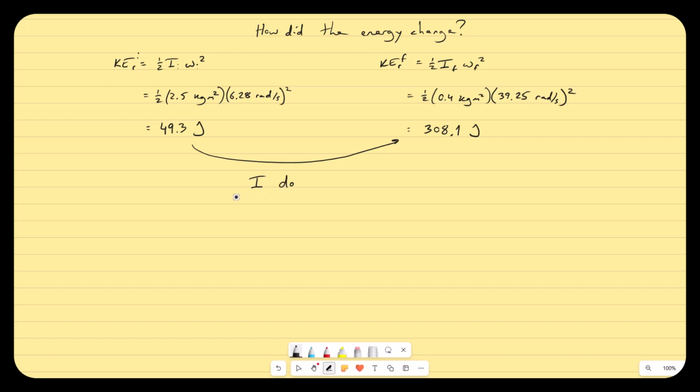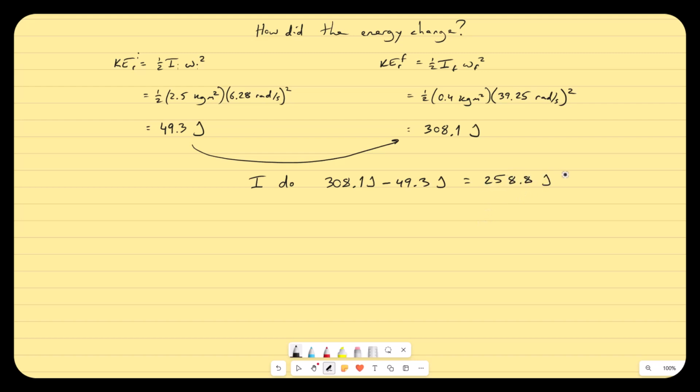I'm no figure skater, but in this case, let's say I am. I have to do whatever this difference is, 308.1 joules minus 49.3 joules equals 258.8 joules.